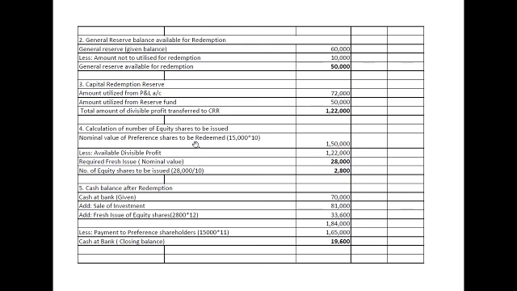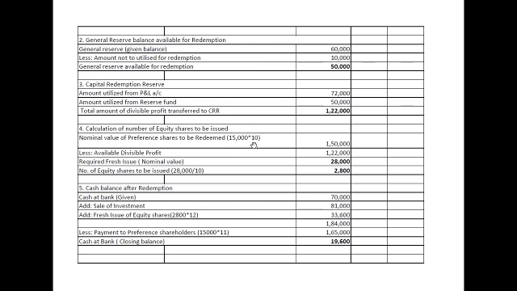How to calculate that? There is one formula: nominal value of the preference shares to be redeemed minus available divisible profit. So nominal value of preference shares is 15,000 preference shares at rupees 10 each, we have to take.